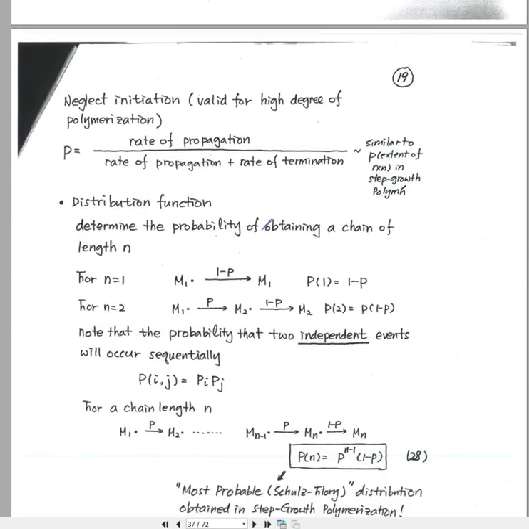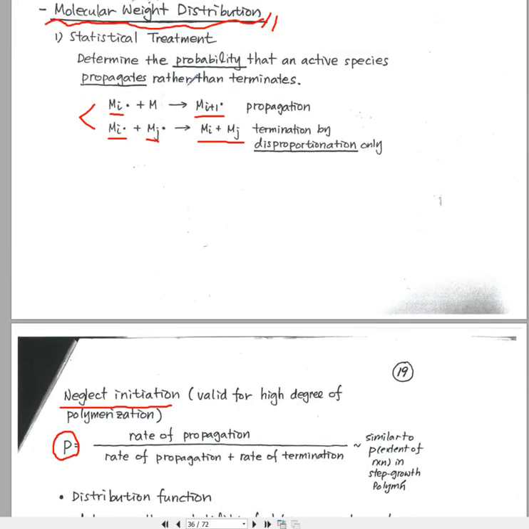All right, so let's just ignore initiation. Then this p-value is defined as the probability that the free radical propagates rather than terminates.